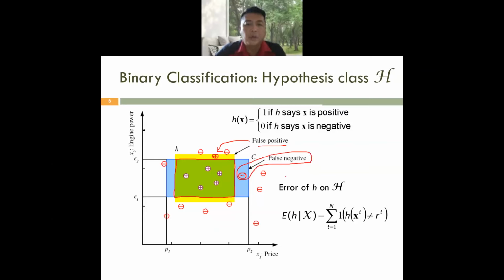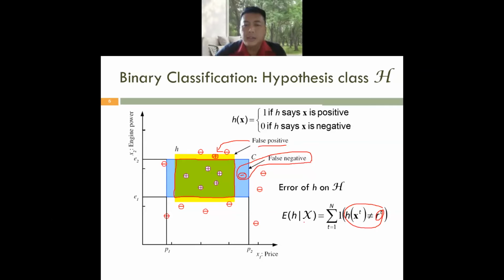So the error that we can conclude from this scenario is that we look at the number of items for which the hypothesis says a class that is not the same as the actual class. We just accumulate the number of samples which do not match the class label.